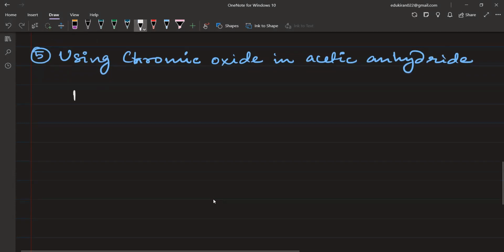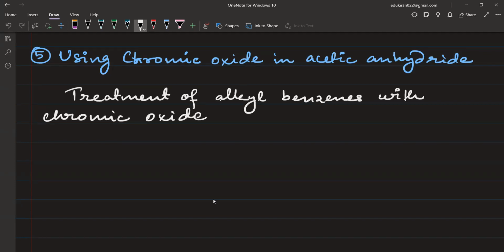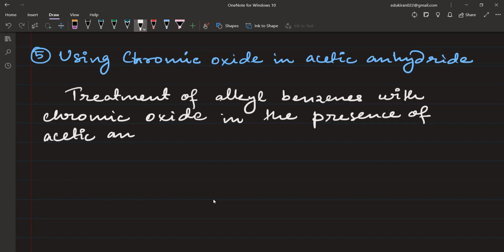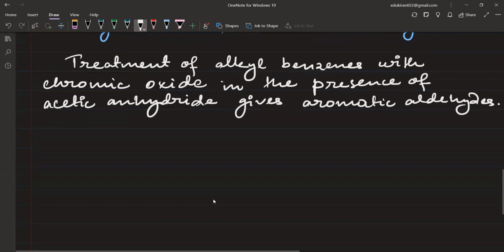Treatment of alkyl benzenes with chromic oxide in the presence of acetic anhydride gives aromatic aldehydes. ठीक है? Please see.